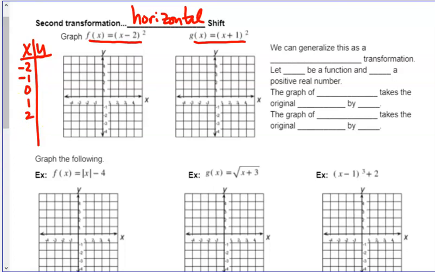So if I do negative 2 and I subtract 2, I get negative 4. Negative 4 squared gives me a 16. If I put negative 1 in there, minus 2, that gives me negative 3 squared is a 9. 0 minus 2 is negative 2, squared is a 4.